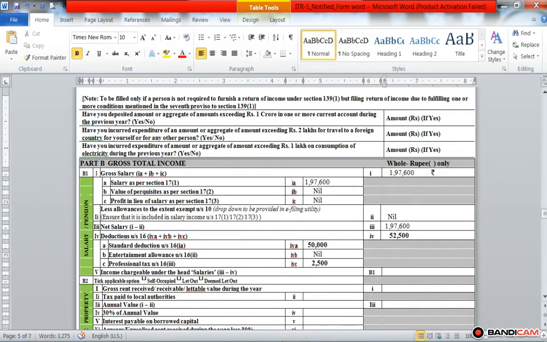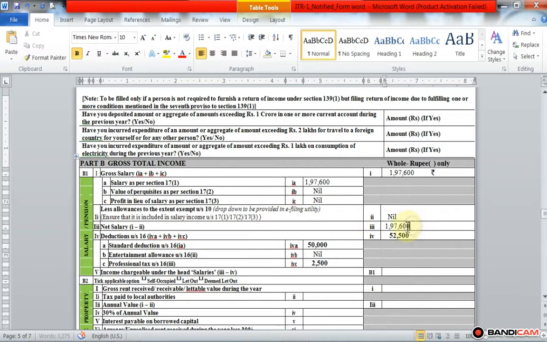Deduct 52,500 from net salary. Here 52,500 is deducted from net salary, that is 1,97,000. 1,97,000 minus 52,500.